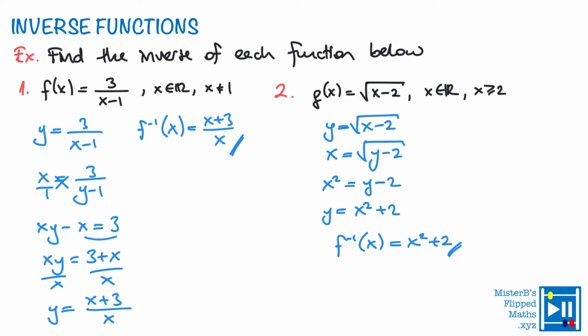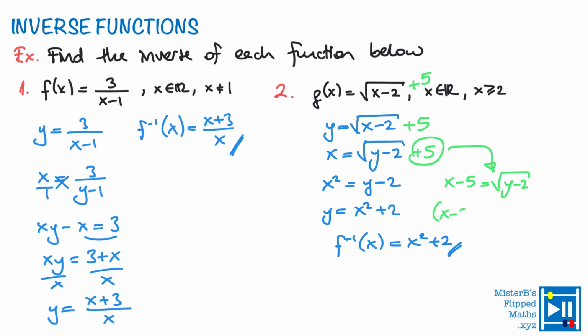Now, just an addition here. If the question would be like square root of x minus 2 outside, for example, plus 5, it would look like this. Certainly, before taking the square of both sides, I have to get rid of this. So I would first end up with x minus 5 equals square root of y minus 2, and then take the square of both sides.